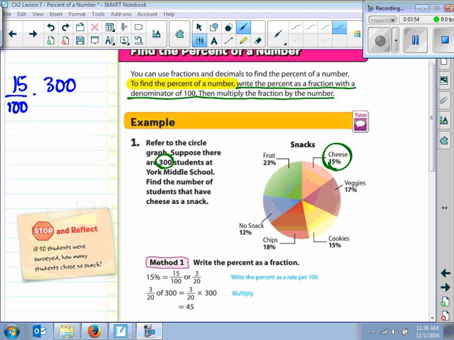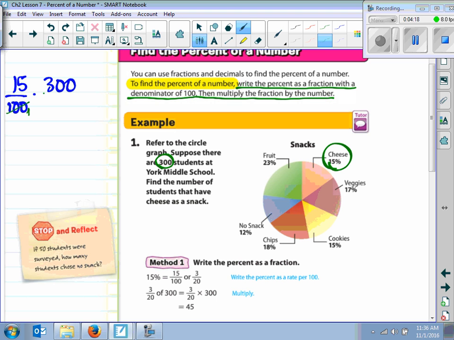So here we have 15 over 100 times 300. We're going to multiply our fractions straight across. But here, before I multiply, can I simplify? Yeah. So, let's see. 100 divided by 100 is 1.